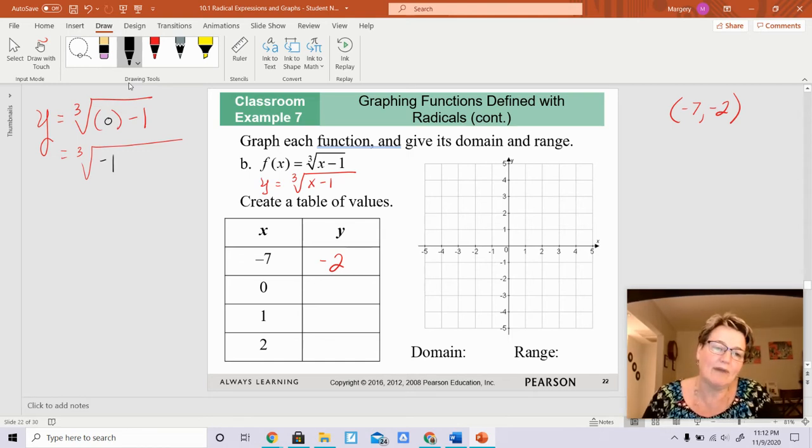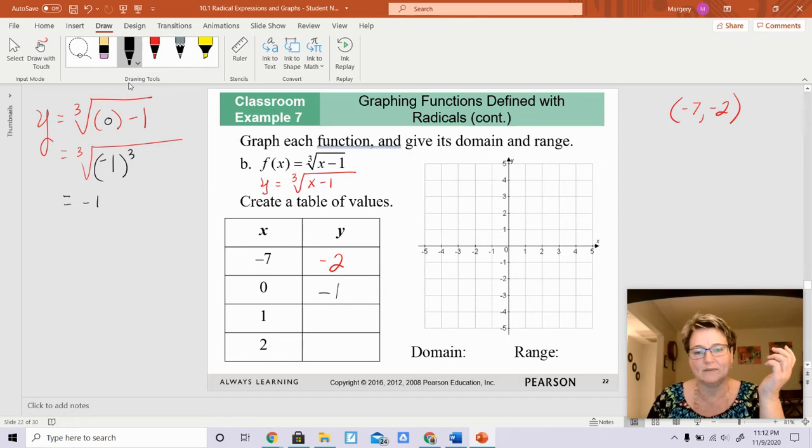Now I can rewrite this problem as the cube root of -1 to the third power. -1 times -1 is 1. 1 times -1 is -1. So I can just put a 3 there, and I know it's going to give me -1. So the cube root of -1 is just -1. So my second point is 0, -1.